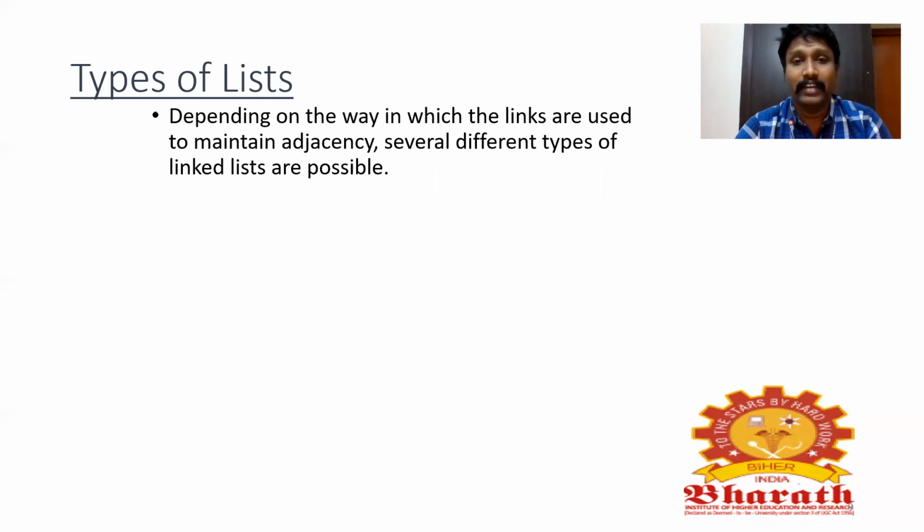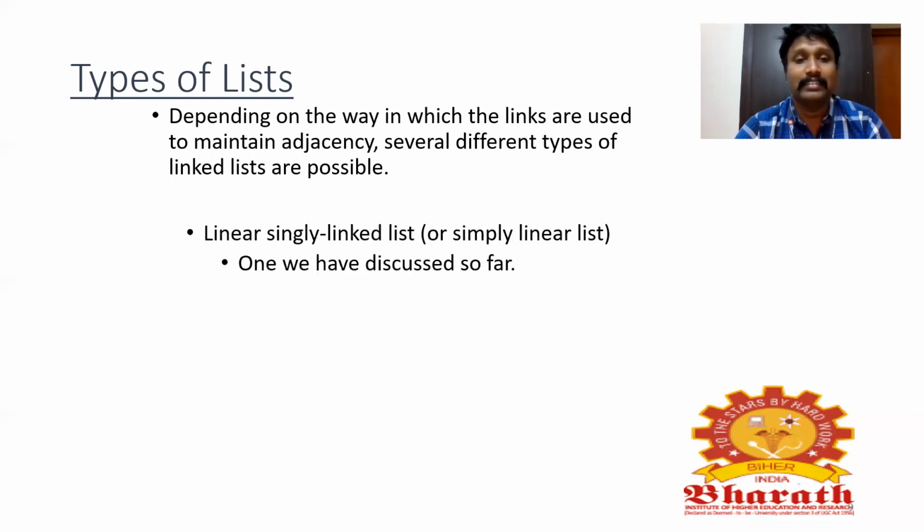Depending on the way in which the links are used to maintain adjacency, several different types of linked lists are possible. The linking maintains the adjacent, nearby, neighbor nodes, and that is how the types of list are differentiated.